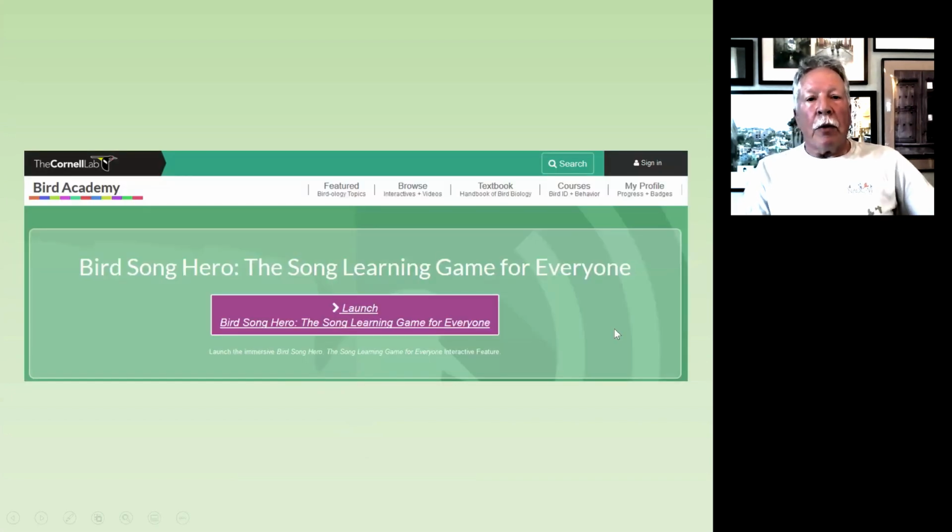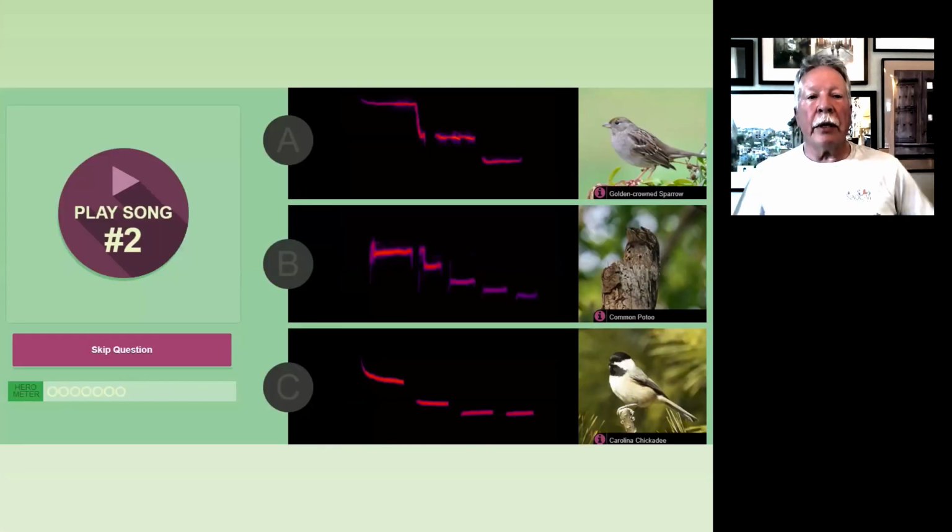All right, I also want to point out, I think I pointed out last time, but a really good place to look at these visualizations is yet another tool from Cornell called Birdsong Hero. When you go into Birdsong Hero, it will show you 3 sonograms, and then you can play a song, and then you simply match what you hear to which of those figures you think it is.